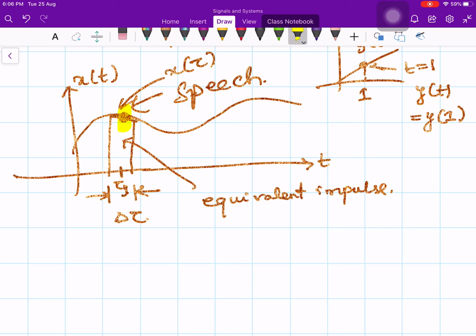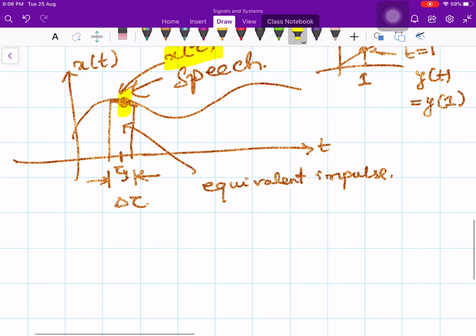That's what I have written there. So if we regard this as an impulse, the impulse will have essentially the same area as this narrow strip. What is the formula for area? Area is equal to width times height.